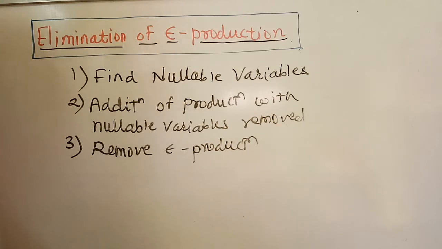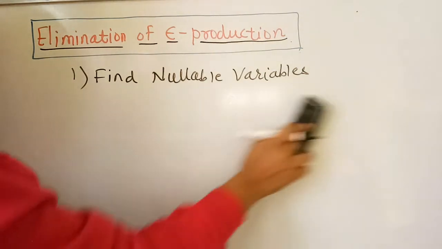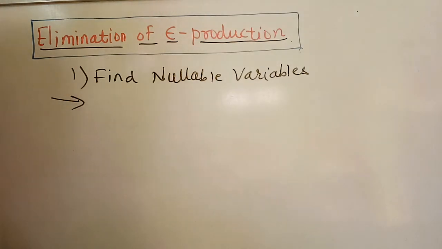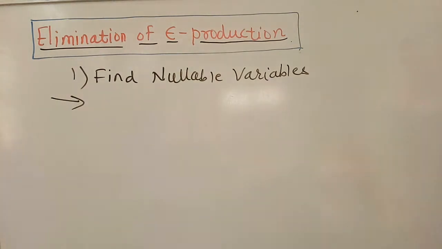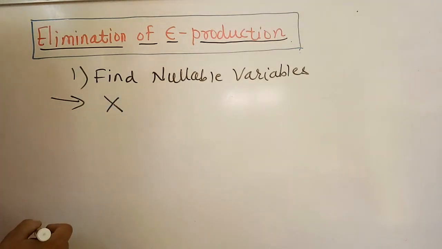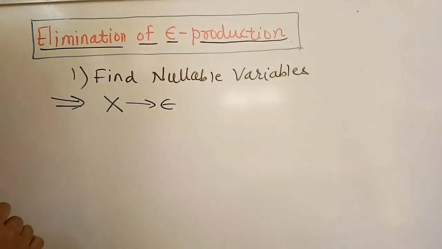So these are the steps for finding the grammar. But to understand each part of these steps, we will first see how to find the nullable variable. Nullable variable is a new word for us. What is a nullable variable and how do we find it? A symbol X is said to be nullable if there is a production of the form X gives epsilon.